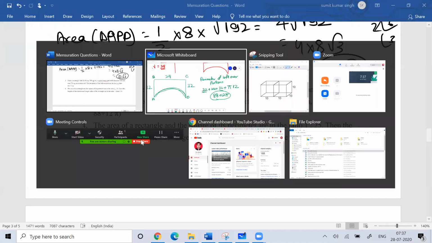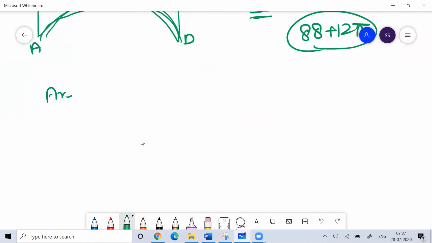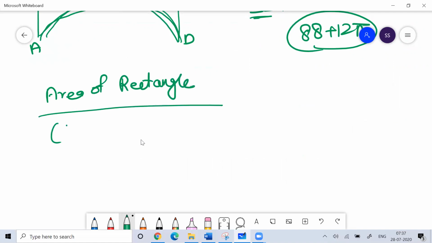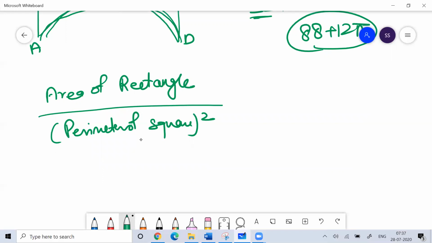So the area of the rectangle divided by the square of the perimeter is in ratio 1:25.